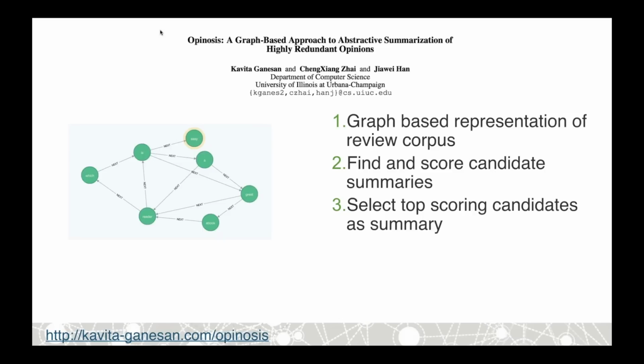Basically, the approach here is to build a graph-based representation of the reviews, very similar to the text adjacency graph that we built earlier. Then we identify and score some candidate summaries. Then we select the top candidates as our summary. So we already saw how to do number one. That's building our text adjacency graph.